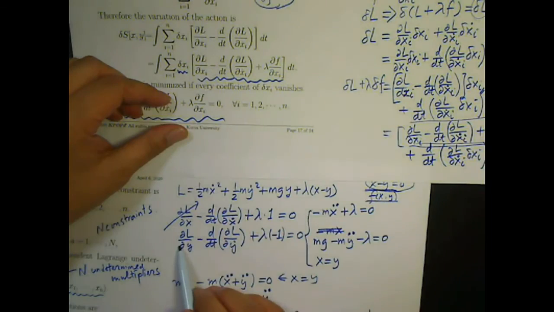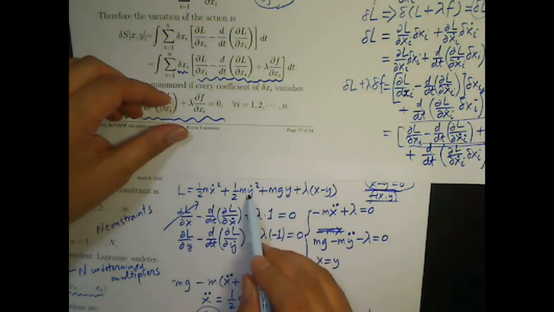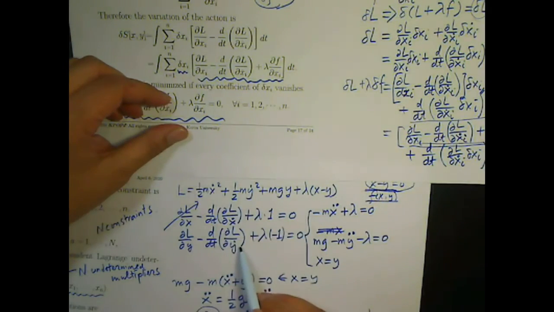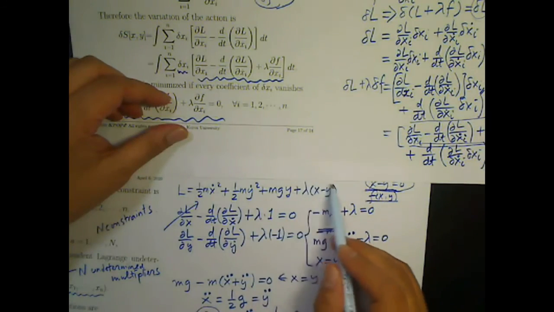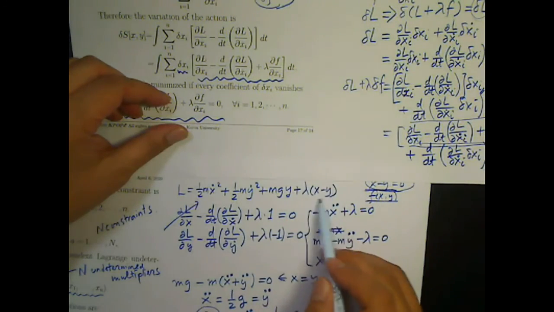Next is the equation for y, and this one is mg, and this one is m y dot, and this one is the derivative of this term with respect to y. There's a minus 1 here.